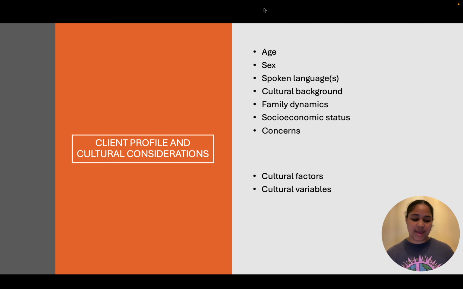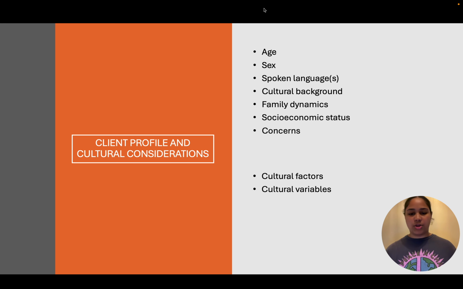How many siblings they have, total number of people. You're also going to include their socioeconomic status. If the client is a child and they don't have any education or a job, you're just going to include the education and occupation of the caregivers.